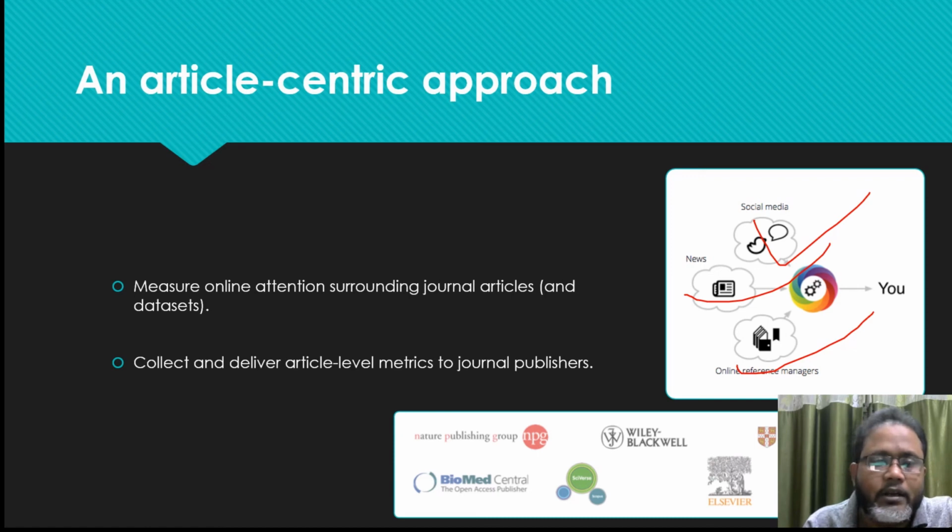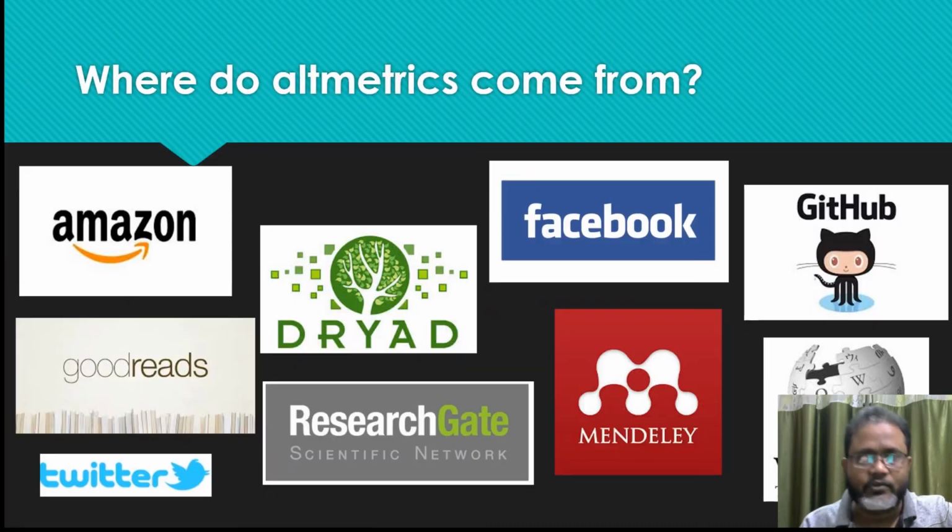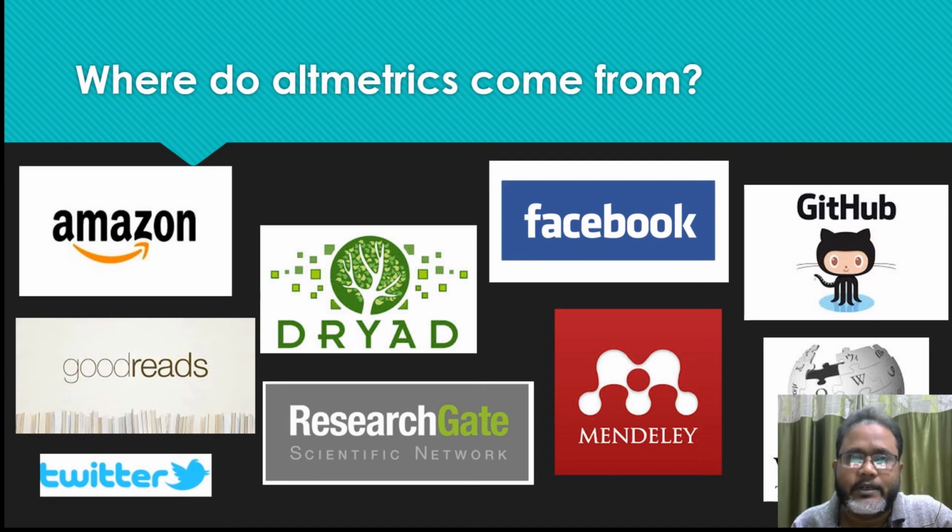Contact and deliver article level metrics to journal publishers. And the categories: article level, individual work, journal level, author level, institutional level. These are the different levels. And these are the different sources from where the altmetrics are coming: Amazon, GitHub, one of the biggest code repositories, and ResearchGate.